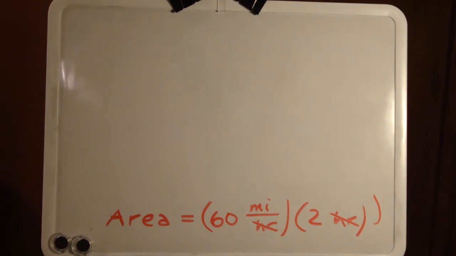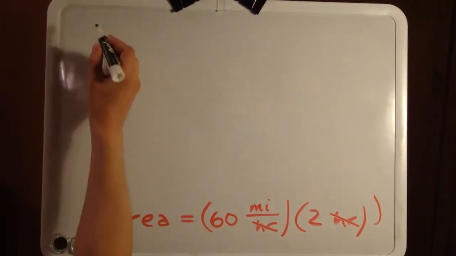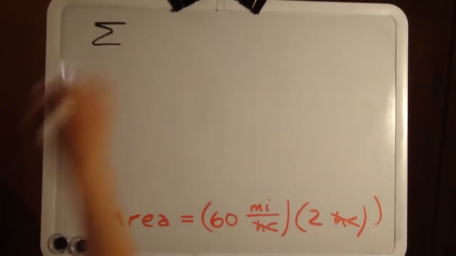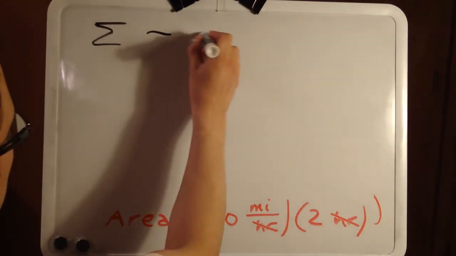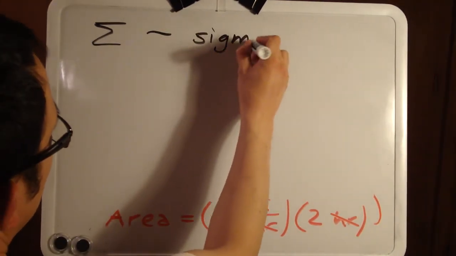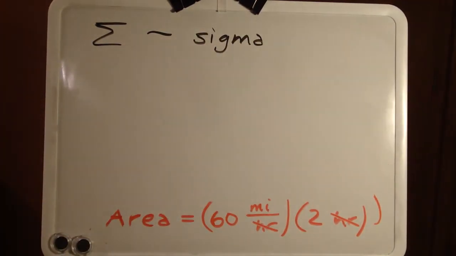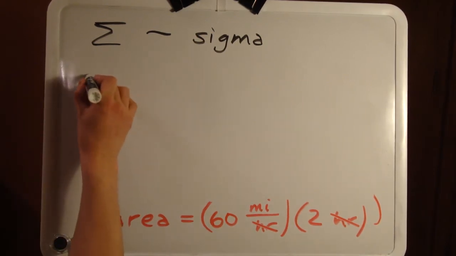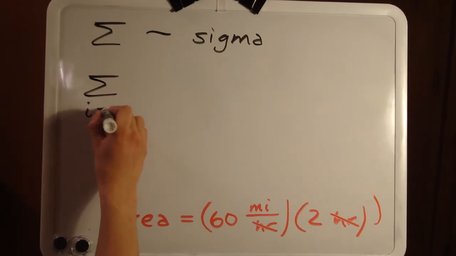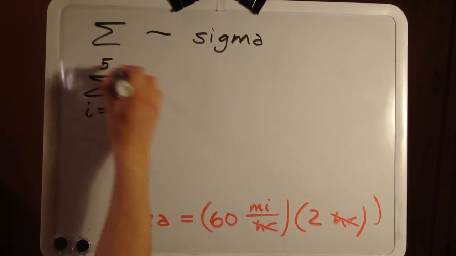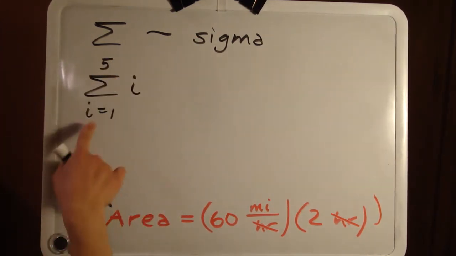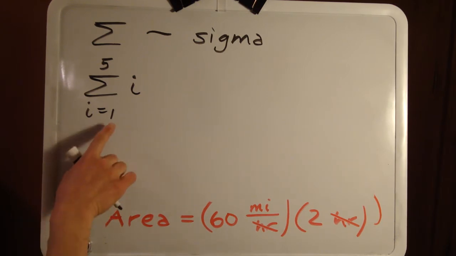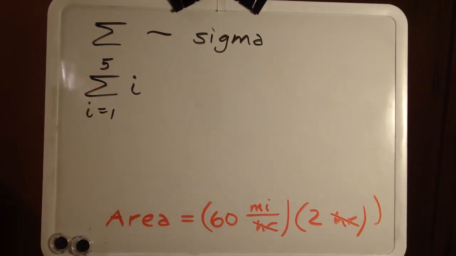So the big notation we're going to see a lot of in this lesson is the sigma notation. So we borrow this from the Greeks. Okay, and this simply means to add up, so we're going to sum some things up. So the standard notation here, we might see something like this, i going from 1 to 5 of i. So i here is the index, and i begins at 1 and then it stops at 5.